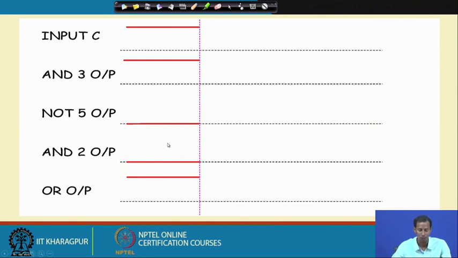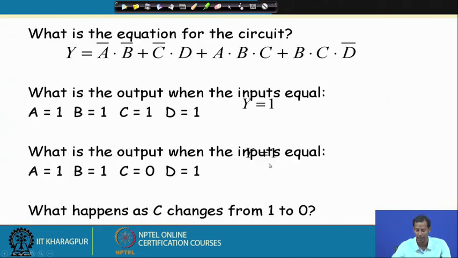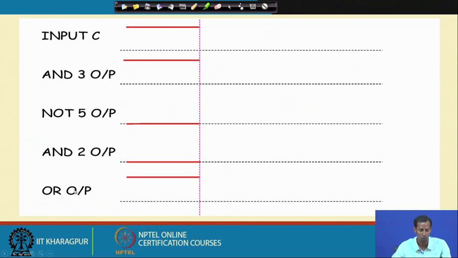Then what will be the corresponding OR output? If I consider only 2 and 3, ORing of these 2 and 3 means 1 and 0, this is 1.